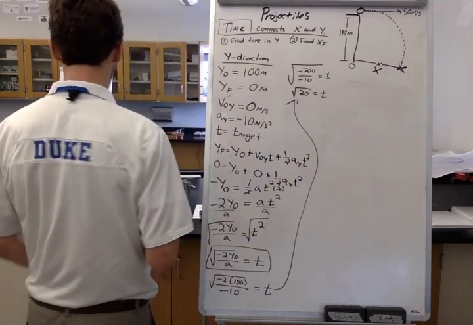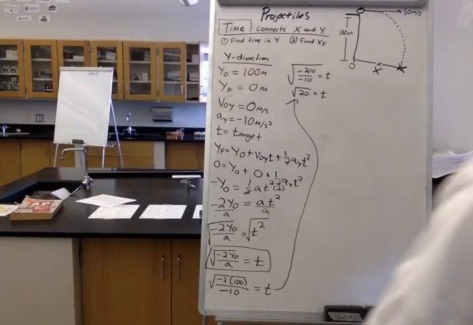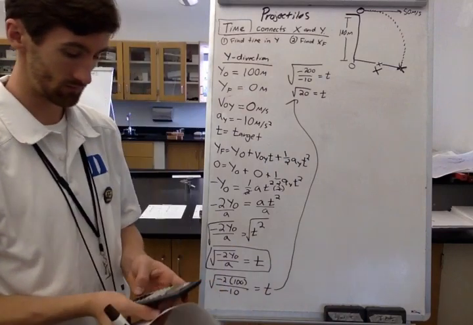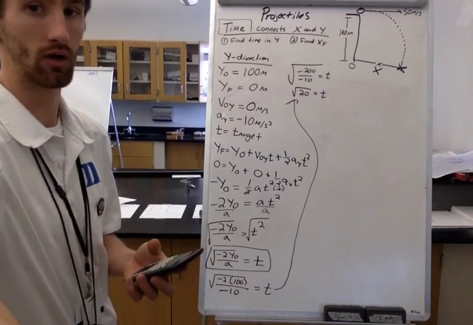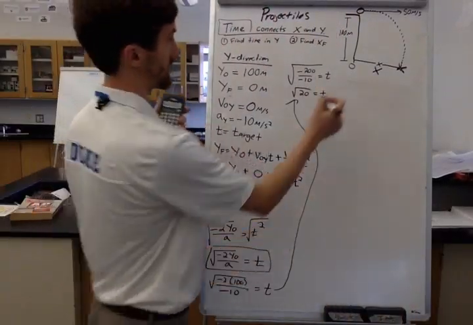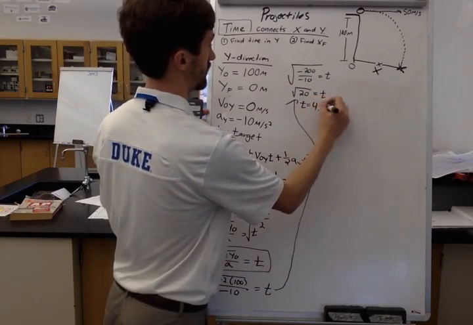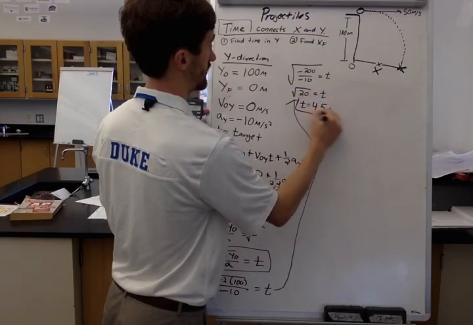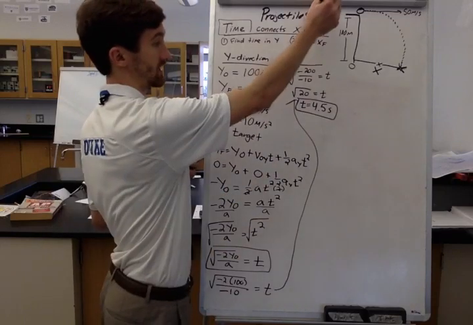And the square root of 20, here's the calculator, gives us 4.47. Time equals about 4.5 seconds. 4.5 seconds is the time it takes to hit the ground.